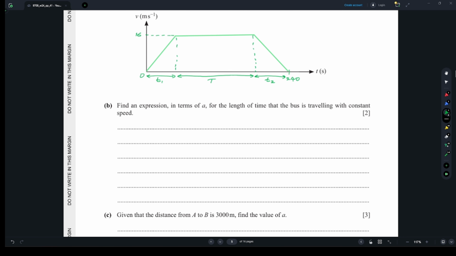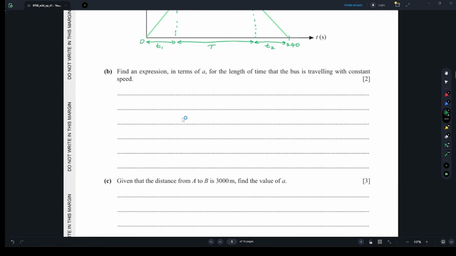How can we do that? We know the total time now, right? If you want to find T, you can find t1 and t2, and then subtract the summation of t1 plus t2 from 240, and then you will have T. So first let's find t1 and t2.